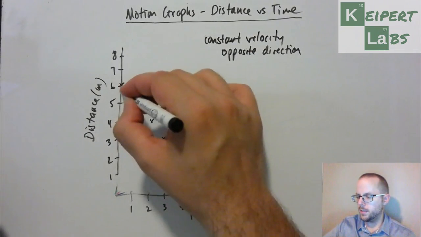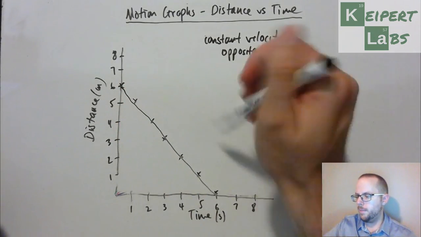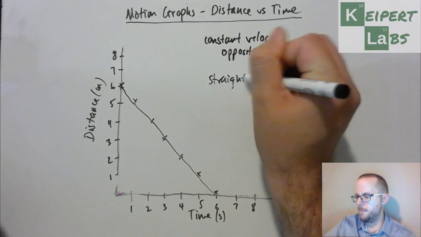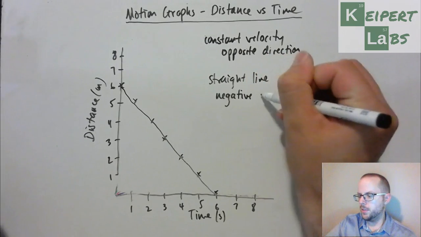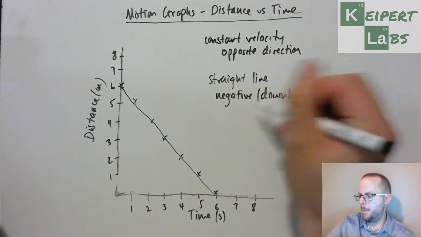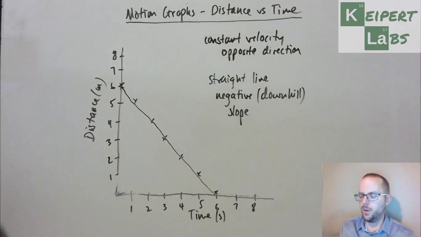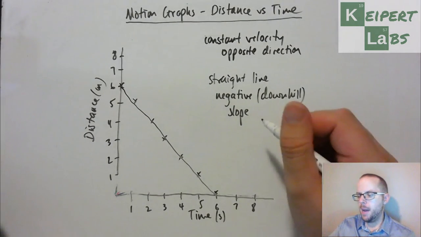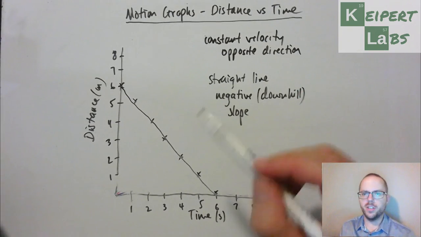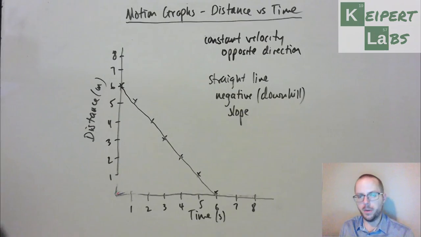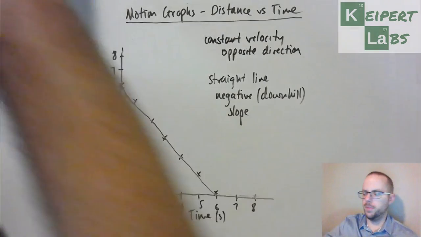Okay, so what you can see is that we have a straight line with a negative or downhill slope. So whether the slope is uphill or downhill, that is, whether it's positive or negative, tells us which direction the object's going in, just like we've talked about positive and negative referring to direction before.